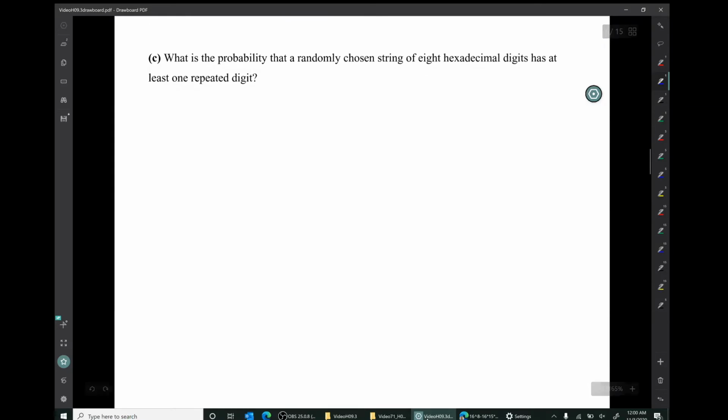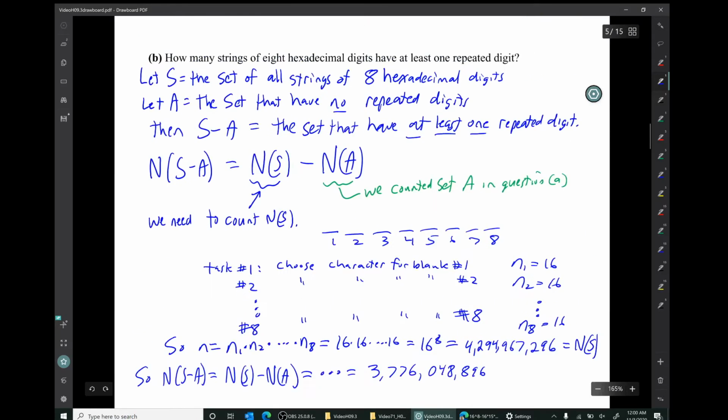Question C. What's the probability that a randomly chosen string of 8 hex digits has at least one repeated digit? Well, that's going to be obtained by the equal probability rule. The event that we are interested in is this event, S minus A. That's the thing that we just counted.